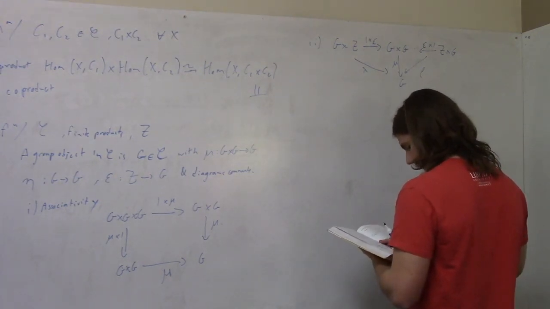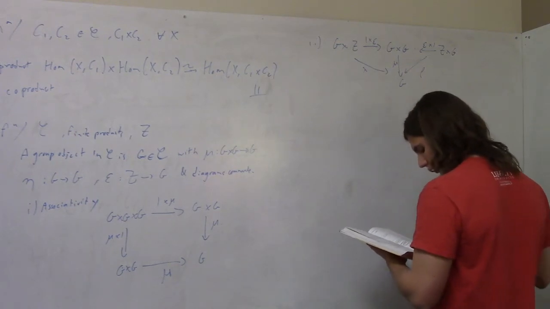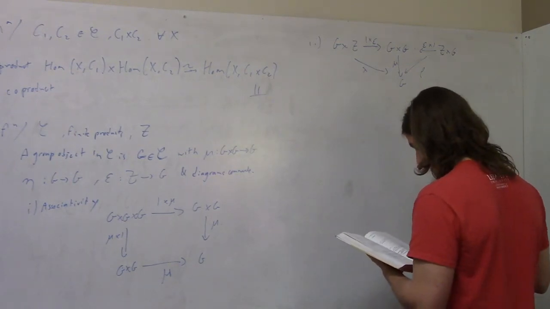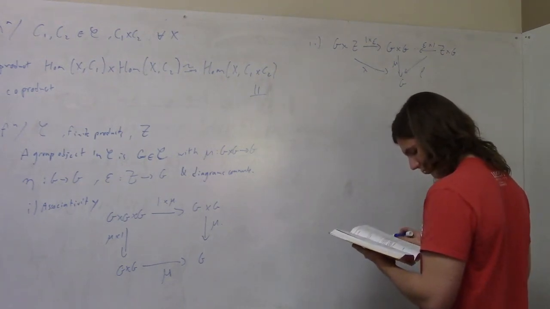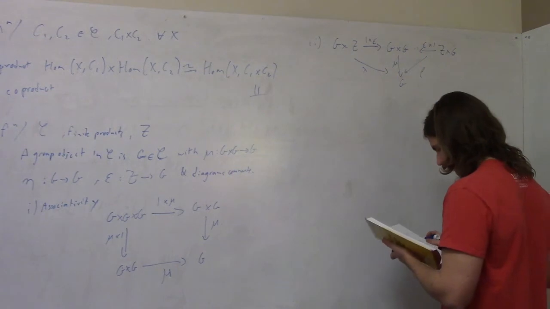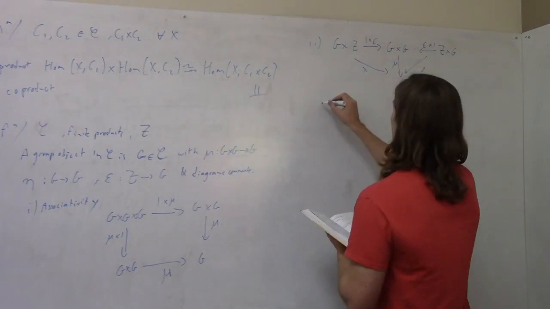So this is like the identity. So is a group a group object? A group is a group object in the category of sets. Okay, makes sense.